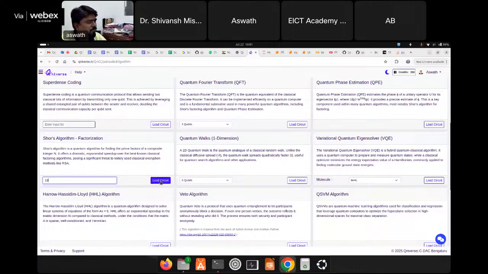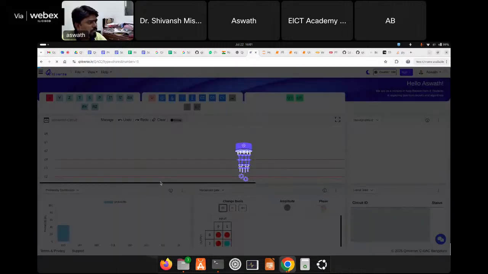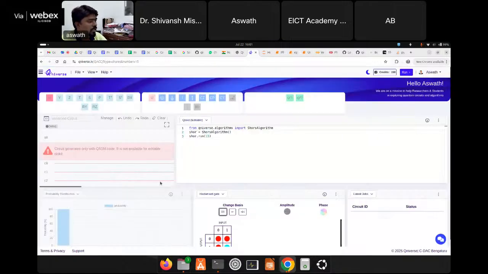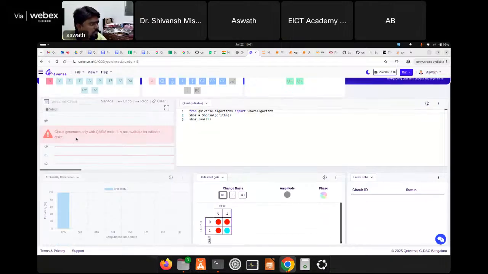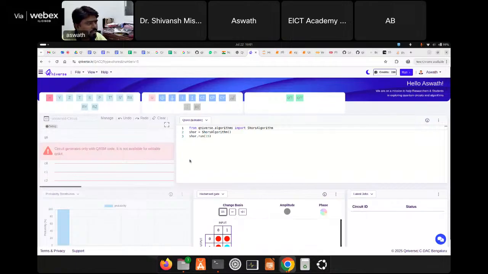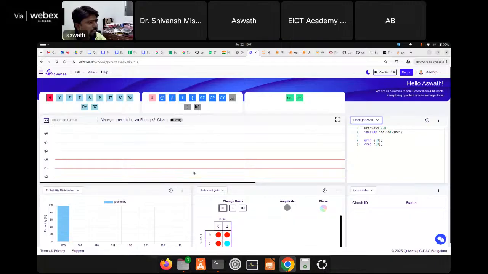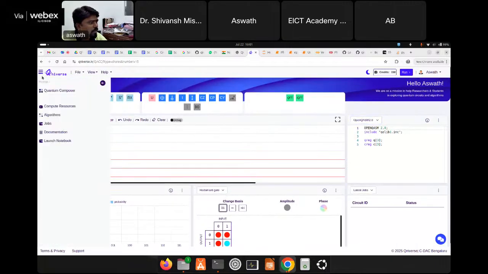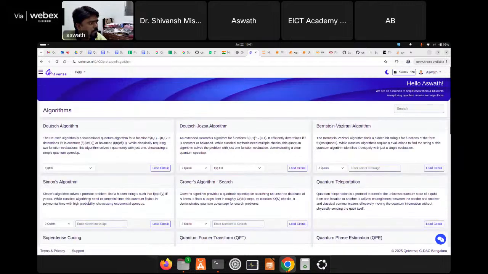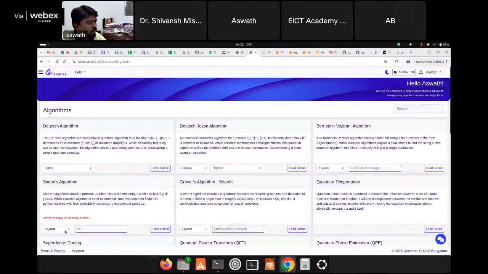Let's say I want to factor 15. Load the circuit. So the circuit generates only with the QASM code. Okay, I have to choose that. Cascade QASM, open QASM. Okay, now I have to get back. Algorithms. 15. Load.